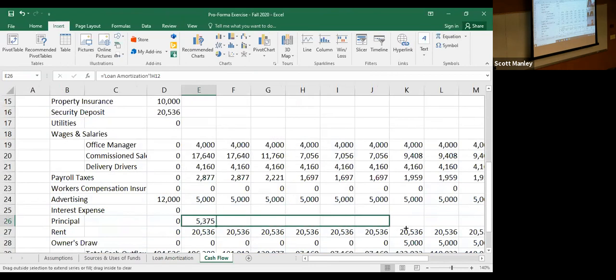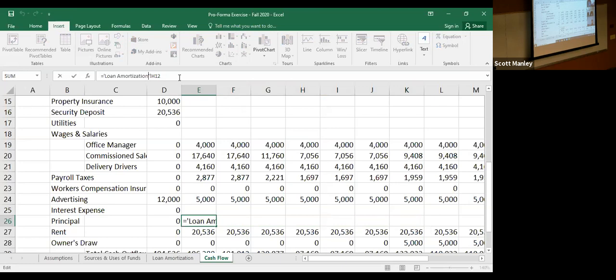Unfortunately, if I then do that, it gets confused, right? Because it's thinking I want to copy the cells across, and that's not what I want to do. Okay, so what I'm going to do here is I'm just going to copy and I'm going to paste that.